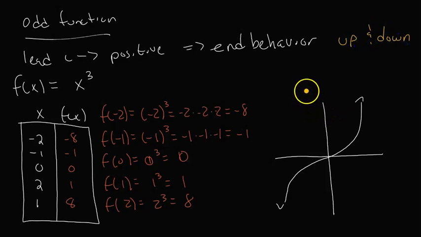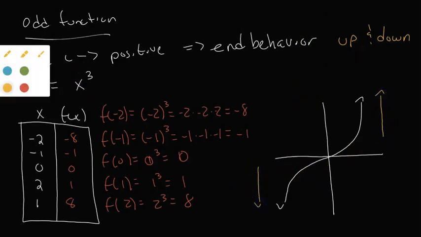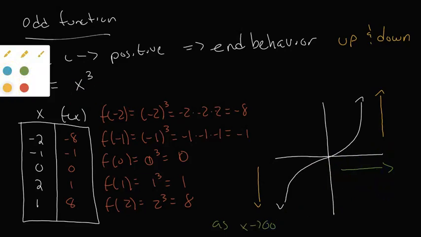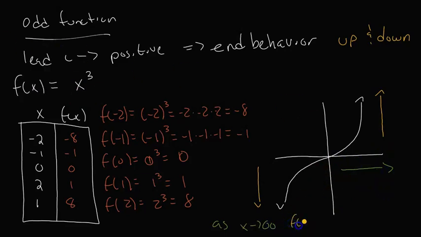What does this mean? It means that it's up on the right and down on the left, meaning that as x approaches infinity, this means that x is going towards the right, my f of x is approaching infinity as well.